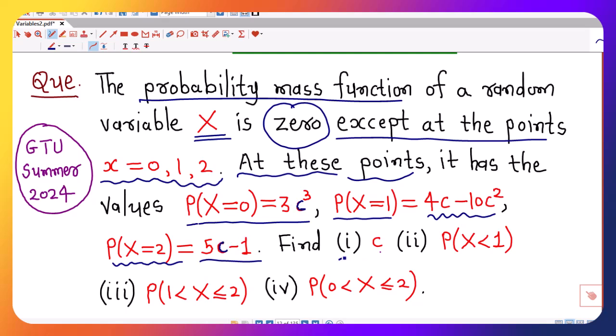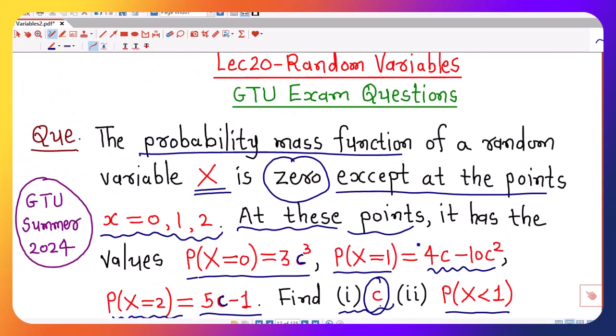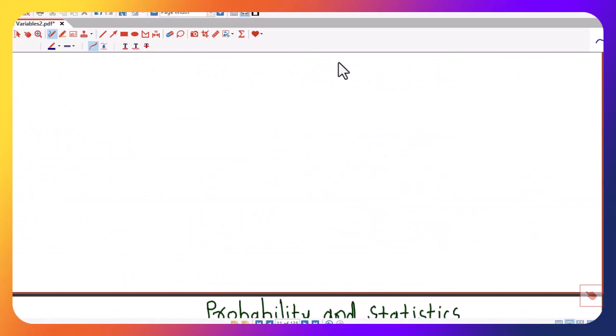So first we have to determine the value of c such that this is a valid probability mass function, and once we find the value of c we can calculate these three probabilities. Whenever we have this type of question we must be clear about the definition of probability mass function.